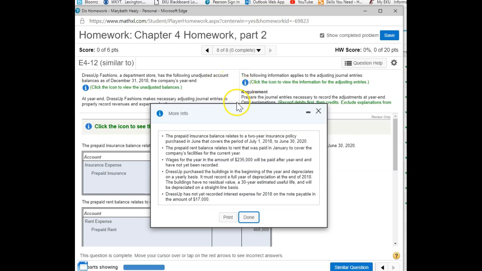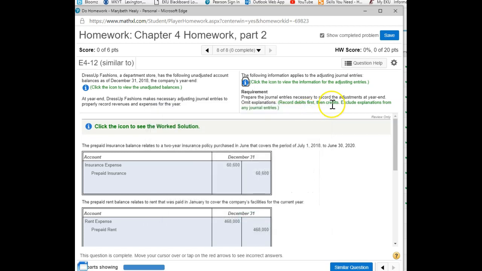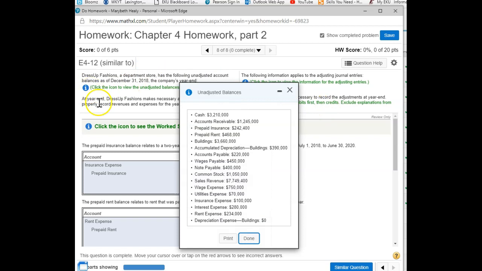Now we're dealing with prepaid rent. Now this one was paid in January to cover the company's facilities for the current year. So let's take a look at what the balance is on the unadjusted balances. We see that prepaid rent is sitting at $468,000, and that's 12 months of prepaid rent, and 12 months have gone by.